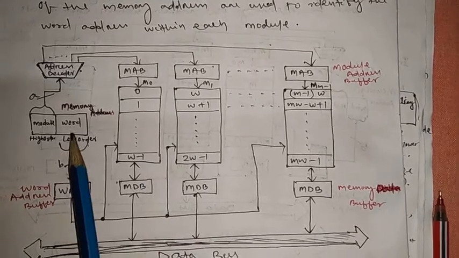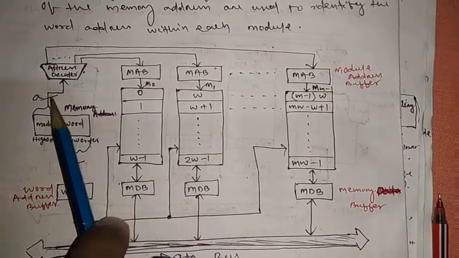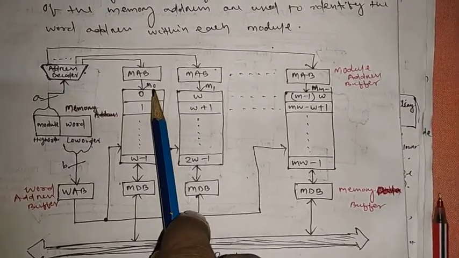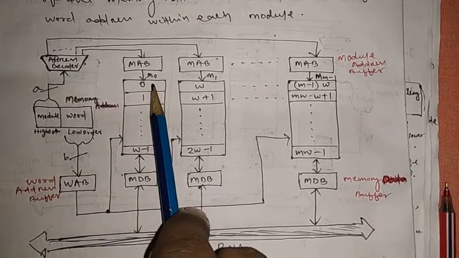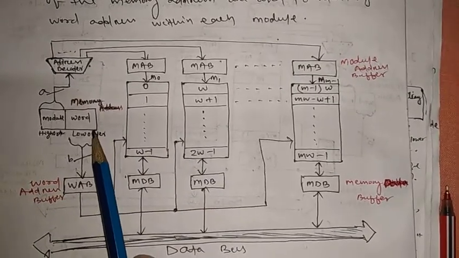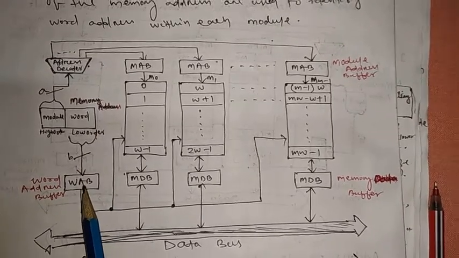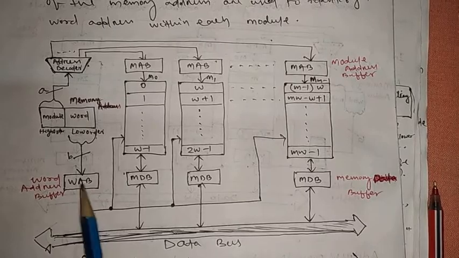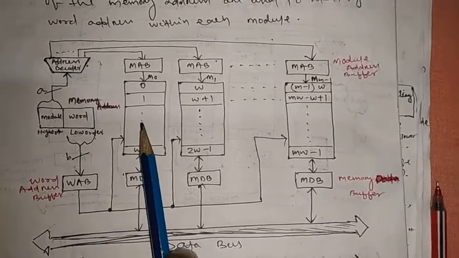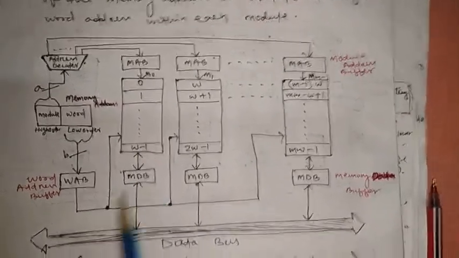Suppose A is indicating module M0. And the word bits or low order bits, that is B, are passed to the word address buffer, and the word address buffer helps to find the corresponding word in the module. If the word is present here, it will pass to here.